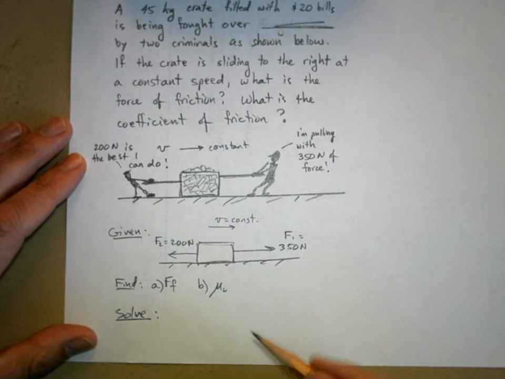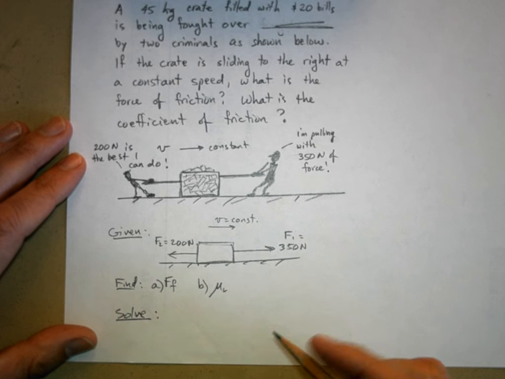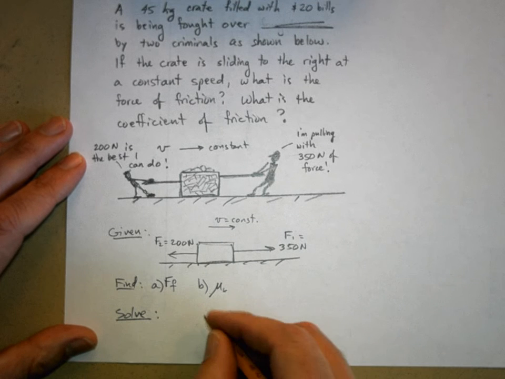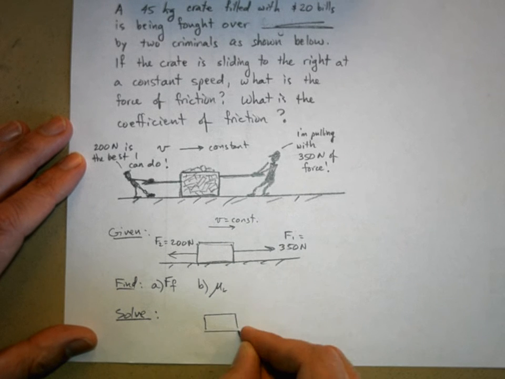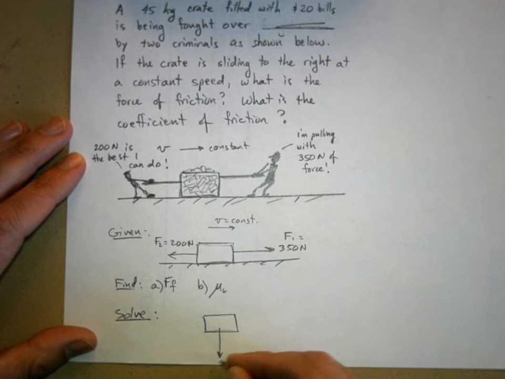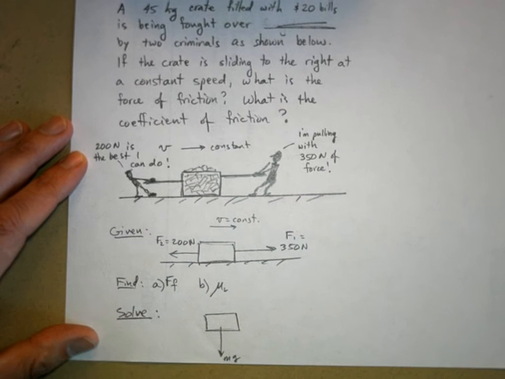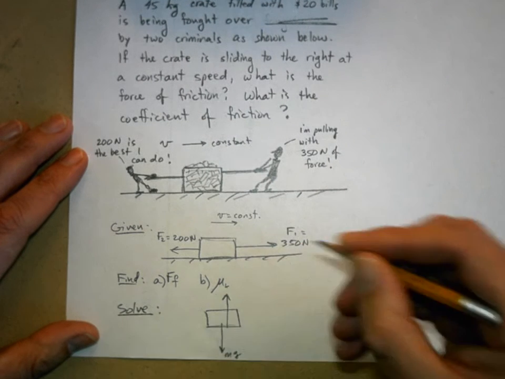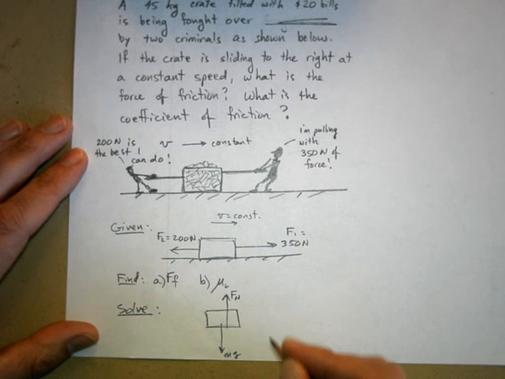So we want to draw a free body diagram of this guy. I'm applying the procedure for constant force. Okay, so here's my crate. And here's gravity pulling it down with mg. Of course, the floor is holding it up with the normal force.